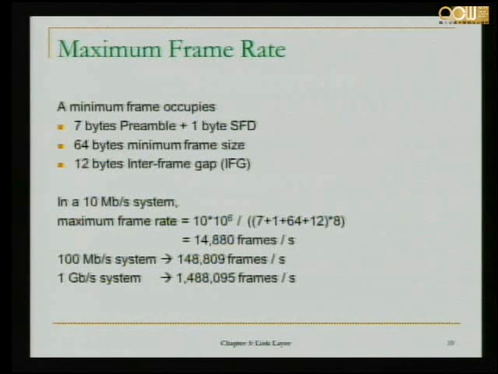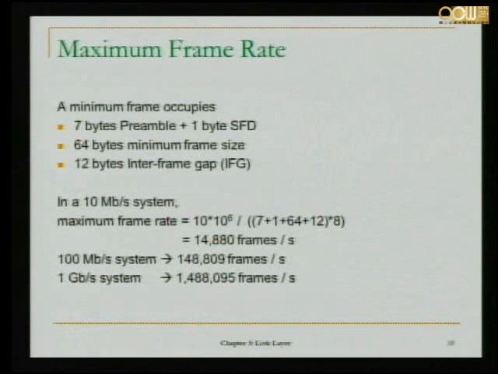Okay, if you calculate the maximum frame rate, given that it's a 100 megabit per second Ethernet or 1 gigabit per second Ethernet, how many frames can we transmit at most? So let's do the calculation.